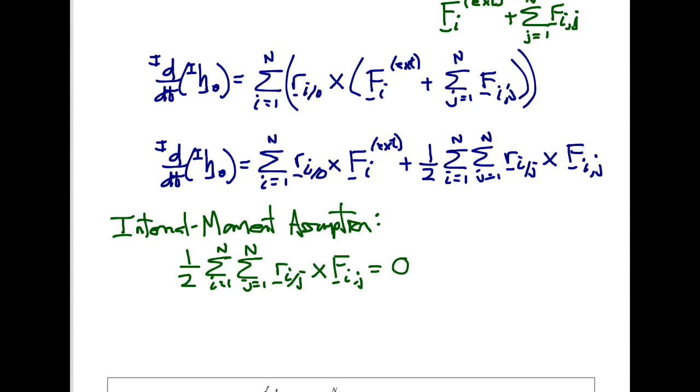And so in all of our problems that we're going to deal with, this is a pretty easy assumption to make, because the internal forces of our situation at least are acting along this position vector ij. And so if that's the case, the cross product has to be 0.